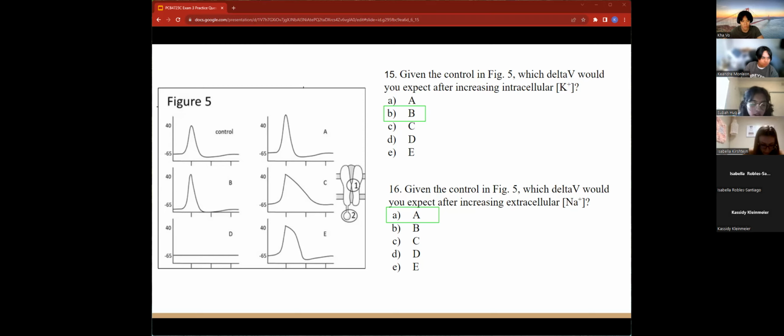For graph C, after the overshoot at the peak, during the falling phase, you can see that the falling phase is occurring very slowly. And you can see it's a very sharp decline. So that would indicate that there's something wrong with the potassium channels, because that's where potassium takes dominance in that part of the action potential, the falling phase.